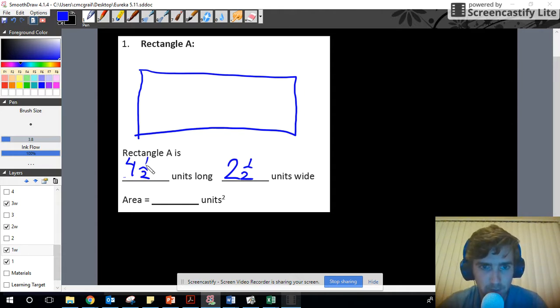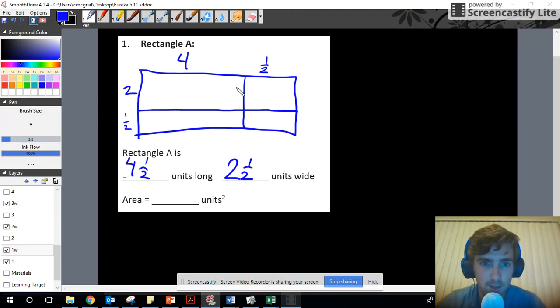So here's what I'm going to do. I am going to label both sides 4, and I'm going to put my fraction over here, and a half, and 2.5. So just like yesterday, I'm splitting it between the whole number and the fraction, except for today, both sides will have fractions in them.